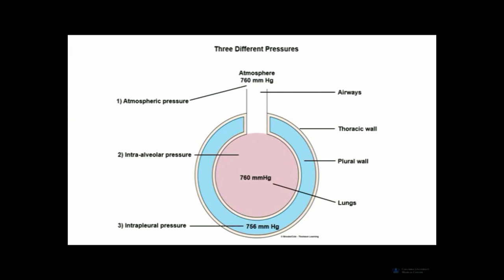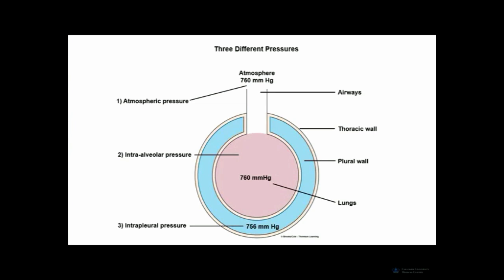So if we decrease volume, we increase pressure. If we increase volume, we decrease pressure. That makes sense? So the same amount of air occupying a smaller volume means greater pressure, and occupying a larger volume means lower pressure.